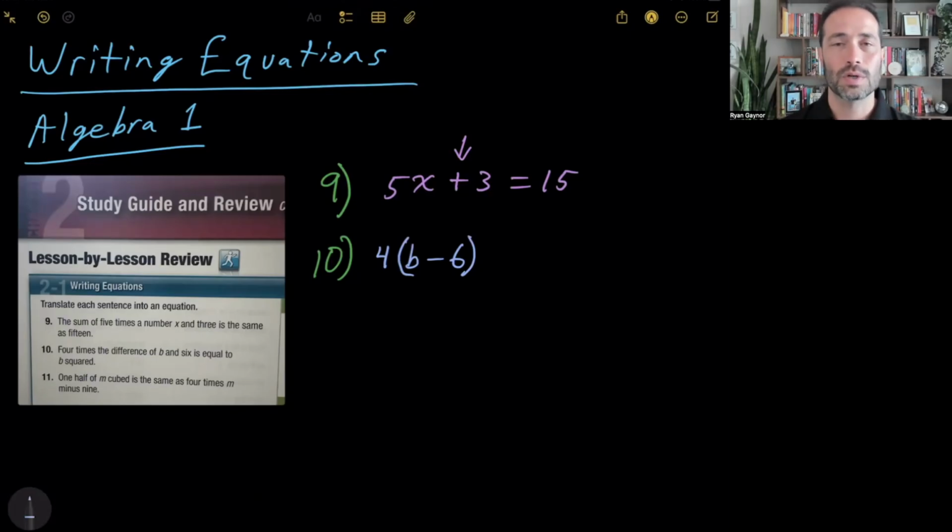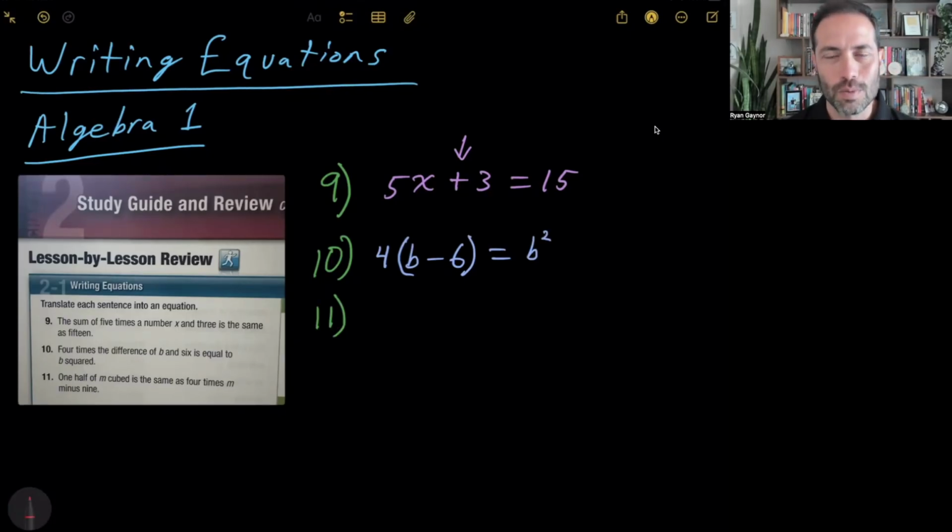So they're not saying 4 times b, they're saying 4 times the quantity of b minus 6. So the difference, b minus 6. Okay, and then this time they actually said is equal to, so we can just put the equal sign, and then b squared. So b squared.